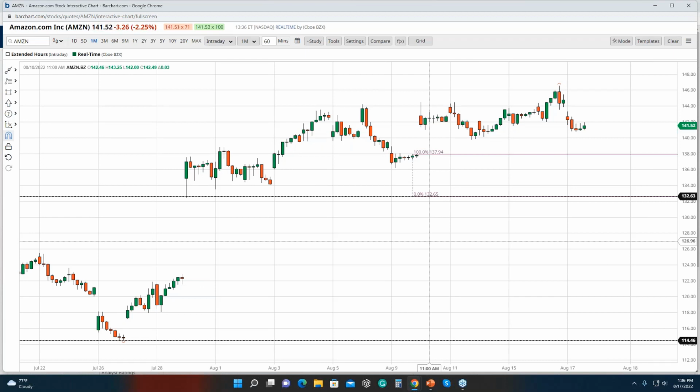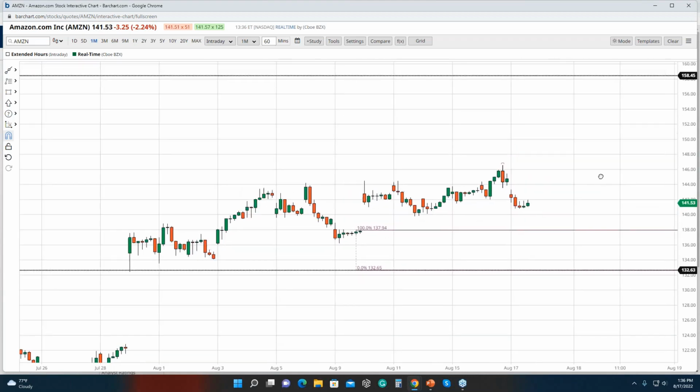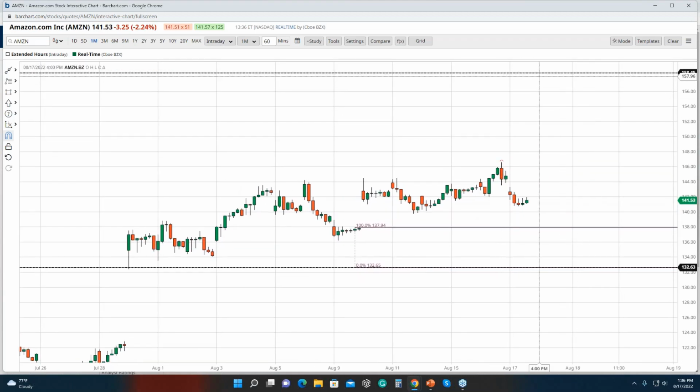And then we said we're going to look at a risk-reward ratio of at least 3-to-1 or better. If I look at my big picture, where did we define the upper end of our range? Well, it looks like around 158.50, 158.